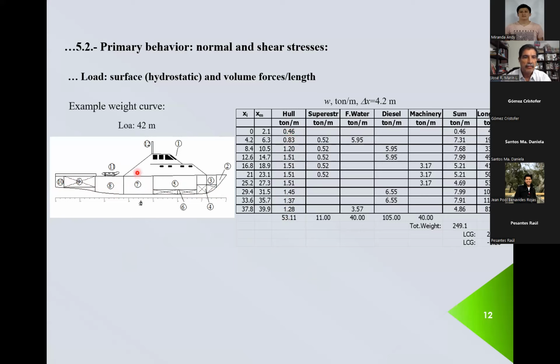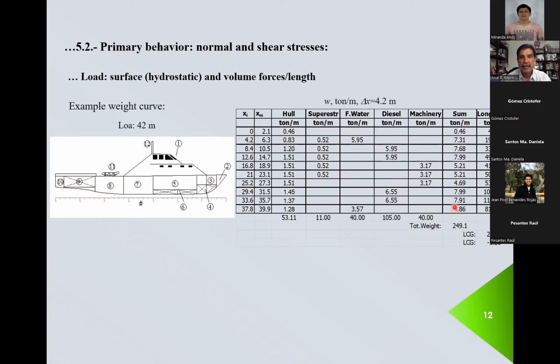The superstructure, from here to here, we assume it as uniform. Fresh water, we have one tank about here and another tank down here. Diesel, we have two tanks, here and about here. The machinery is in here, so we have these steps. Then we add them to the right. So for each one of these intervals, we have this weight per unit length.